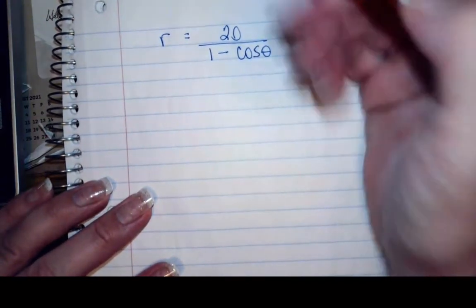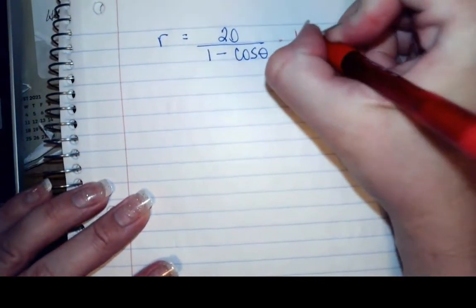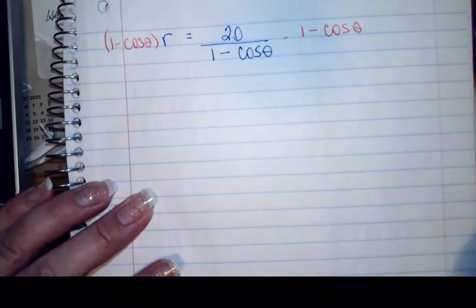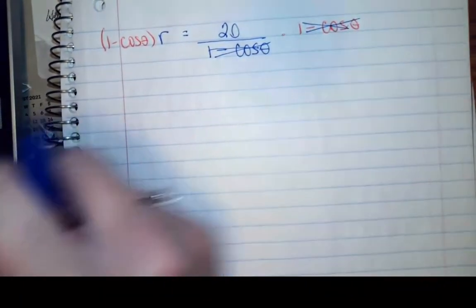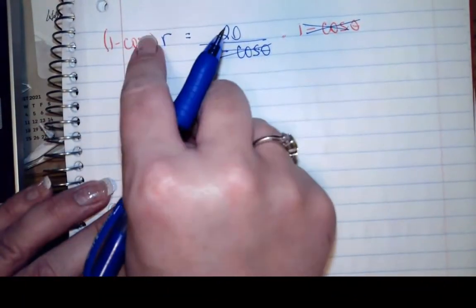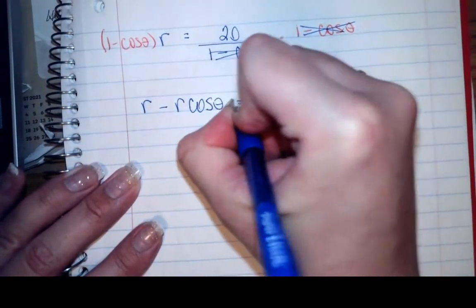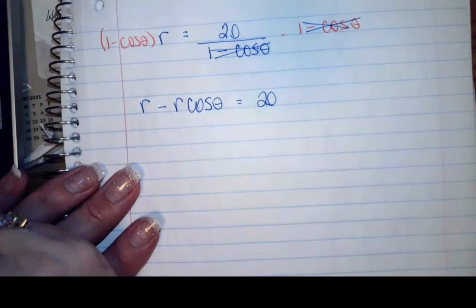So the first thing I'm going to do is make him be in the numerator. So I'm going to multiply both sides by 1 minus cosine theta. So it's going to reduce over here, and it will appear over here. And now I'm going to go ahead and distribute that r. So I've got r minus r cosine theta equals 20.